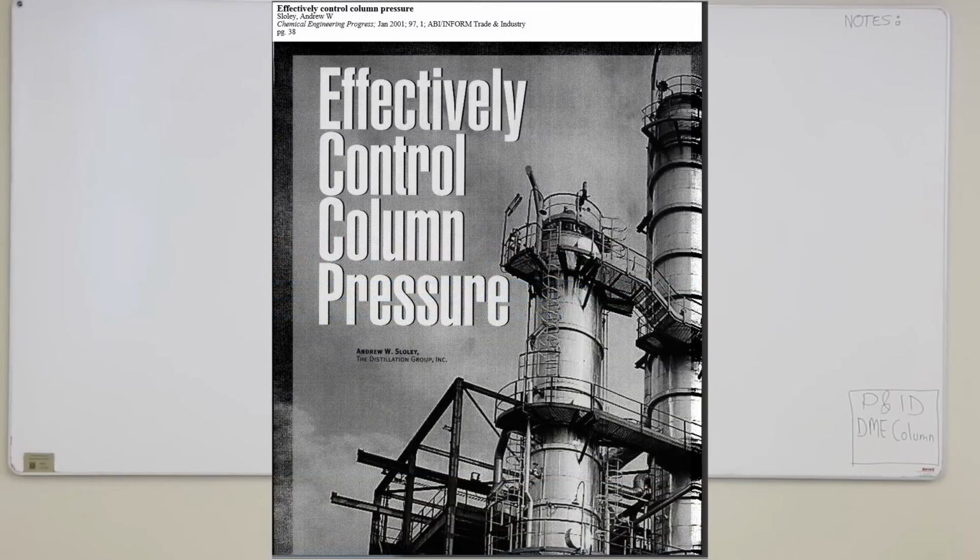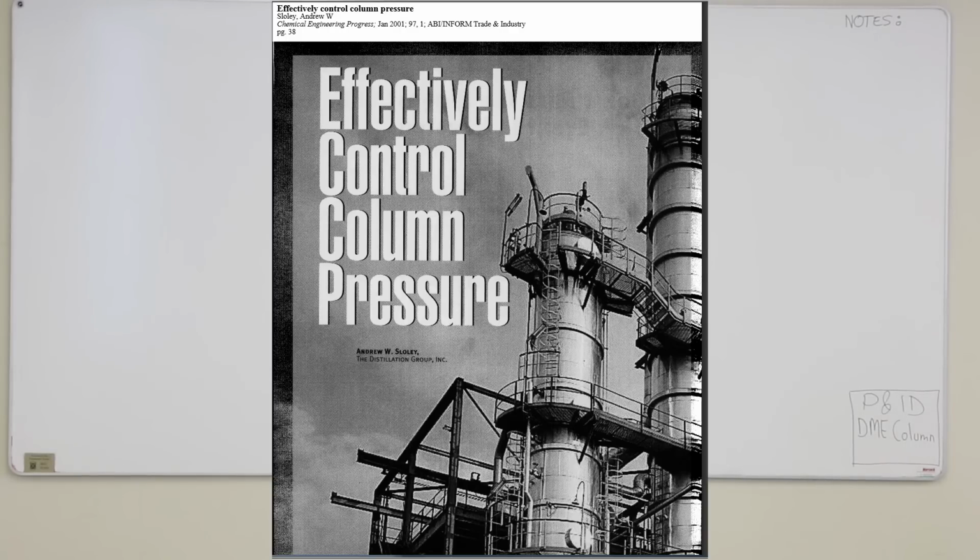It's an article from a magazine called Chemical Engineering Progress. And if you've never had a chance to peruse through the library, Chemical Engineering Progress is one of those really great journals with really practical chemical engineering stuff in it. There's also Chemical Engineering Magazine that's extremely practical as well.